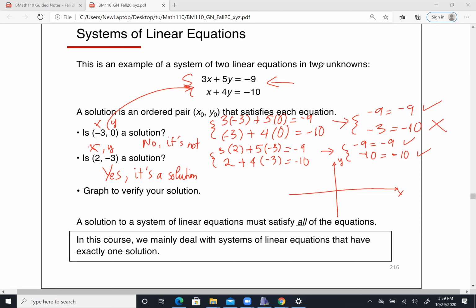For the x-intercept, y equals 0, so you put y equals 0 in here.